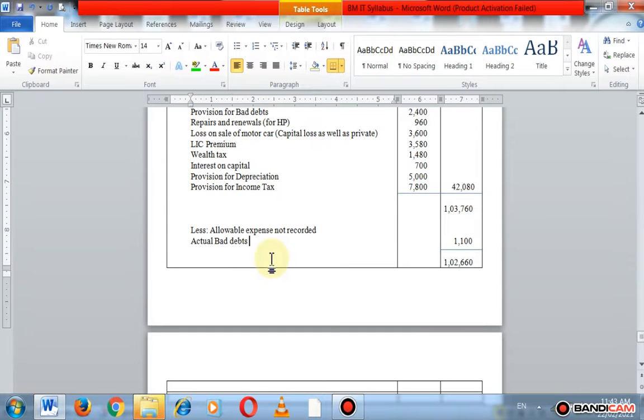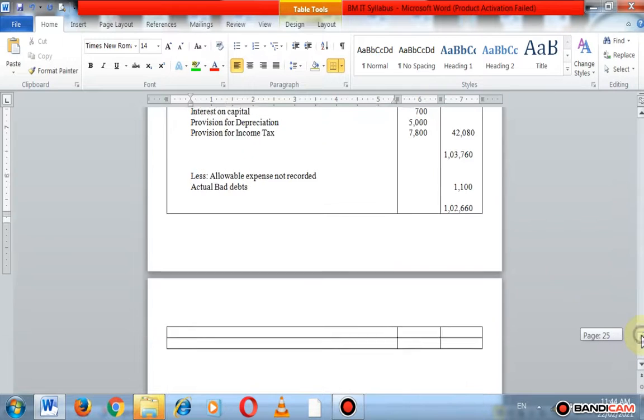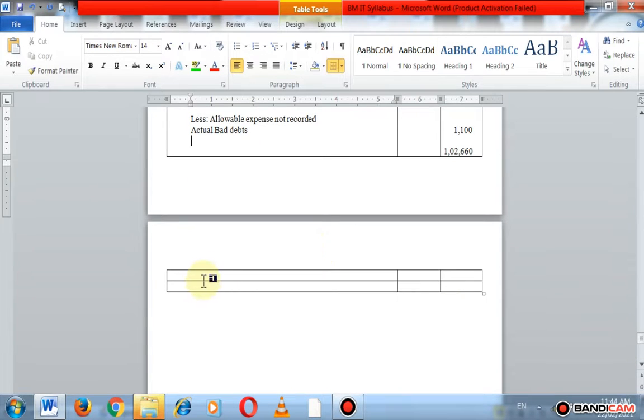Then we add, so here the total is 1,02,660.